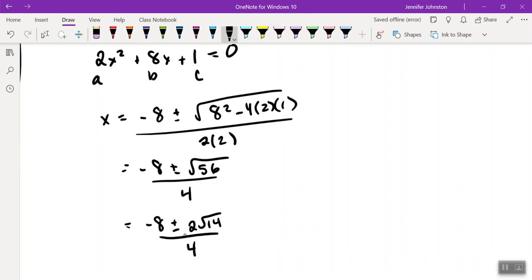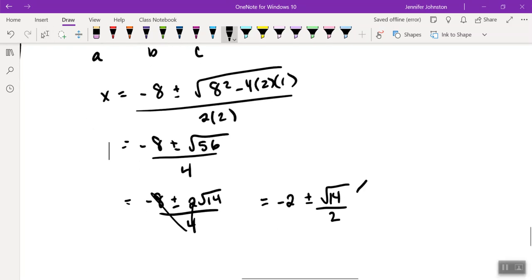And then these can reduce. Negative 8 divided by 4 is negative 2. And then 2 over 4 gives us the square root of 14 over 2.